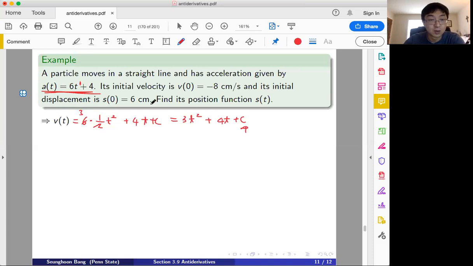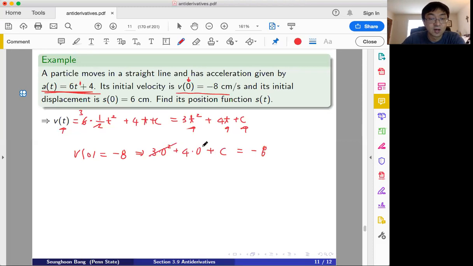Yes, you can plug 0 into t by using v of 0 equals negative 8. You plug the 0 in here, exactly v of 0 equals minus 8. What's v of 0? 0 into t, 3 times 0 squared plus 4 times 0 plus c equals minus 8.